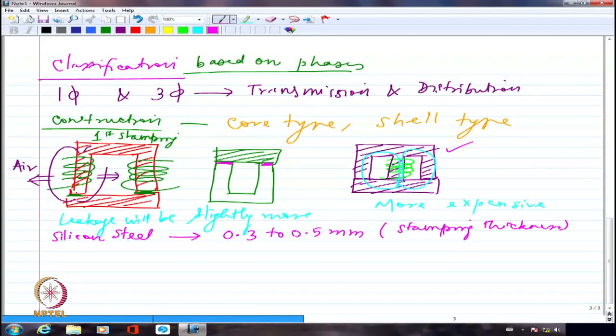So you are essentially going to have a big problem. In fact, three-phase transformers are very, very difficult to transport. So whenever a power station is made, they rebuild the roads, rebuild the bridges, rebuild all the railway tracks to transport the transformer from, for example, BHEL Bhopal, BHEL Haridwar. Haridwar makes lots of transformers.